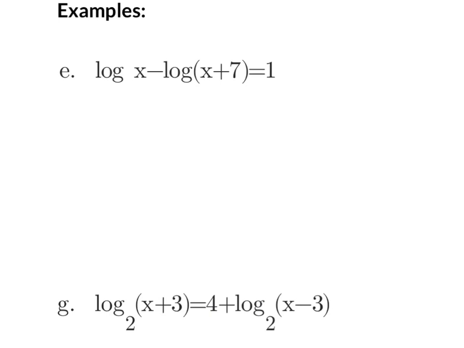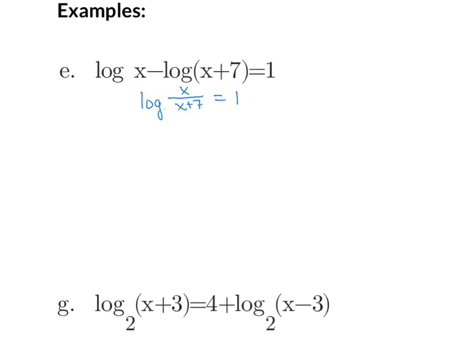Again, the first thing that I want to do is combine it into a single logarithm, and remember that subtraction turns into division. So if we have subtraction, this is going to become log of x over x plus 7 equals 1. We want to go ahead and convert to exponential.